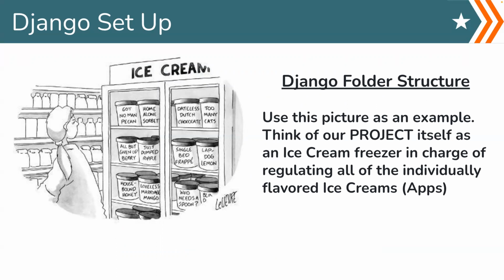Let's say we log into Amazon, right? There's going to be a user model, and that user model probably has an app. And that app is where all of your information about that specific user is stored. Just one little ice cream tub is holding everything that Amazon needs to know about you.